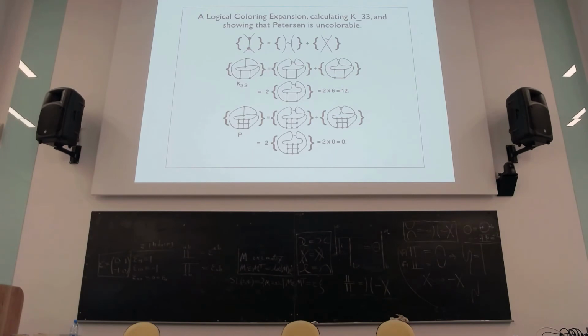Now, I want to talk about a way of thinking about coloring that is related to what I've just been talking about, and then we'll get back to Penrose, and that's right for time. So here is an expansion which in its own right doesn't have to do with Penrose, but it's related to Penrose, as we'll see in a moment.